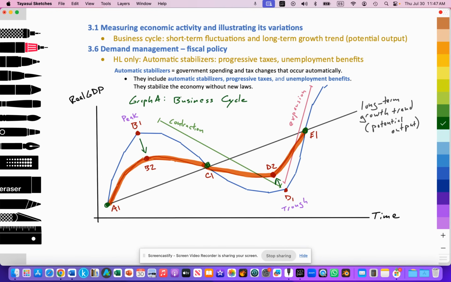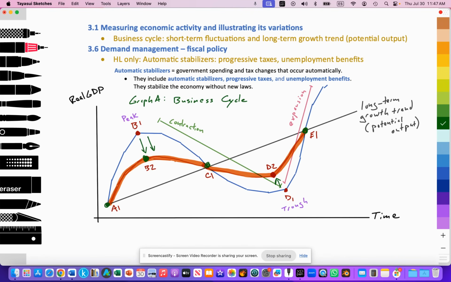Okay. In terms of the automatic stabilizers, we see that economies don't expand severely up to B1. They actually perhaps go to a point like B2, because as households generate more income, they're going to be in a higher income tax bracket, and the government will withdraw more income tax from those households to reduce their consumption spending. So that's going to push down on the business cycle from B1 to B2, for example.